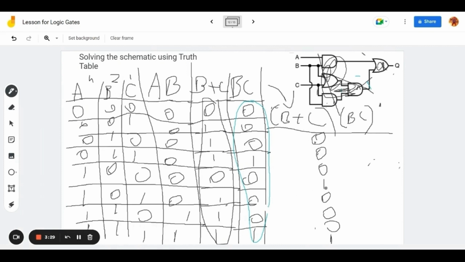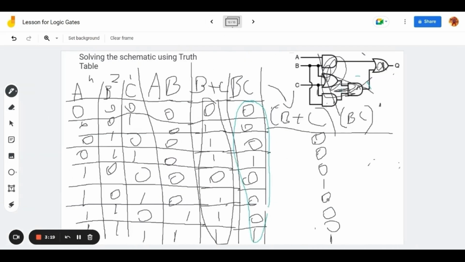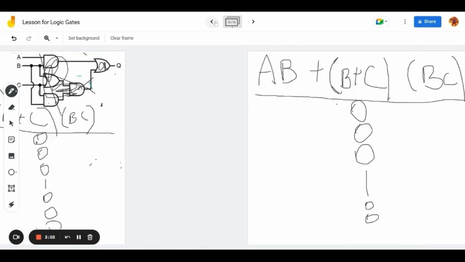Next one would be 1 because it's 1 plus 0. Next one would also be 0. The next two would be 0. And then the next two would be 1.